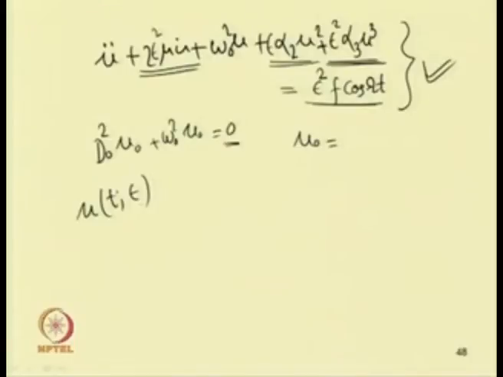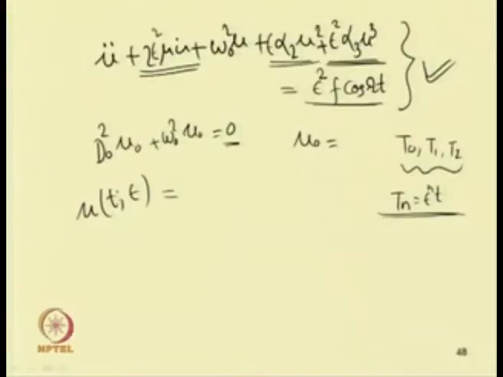Note that epsilon is the parameter. So, u(t, epsilon) using different time scales, that is T 0, T 1, let us take up to T 2, taking these 3 time scales, where T n is nothing but epsilon to the power n times t. Here epsilon is the bookkeeping parameter and t is the time.